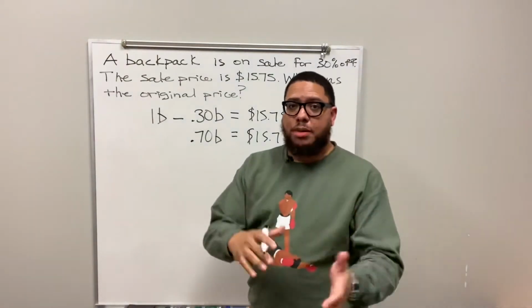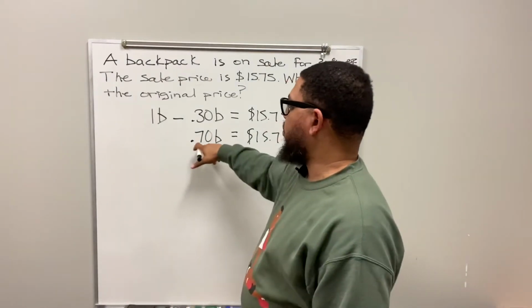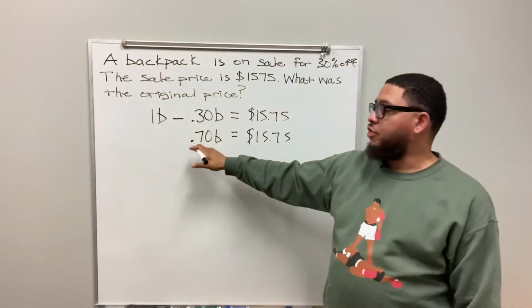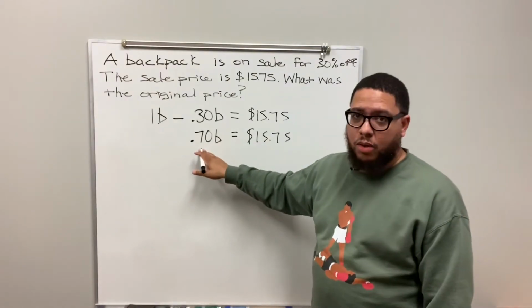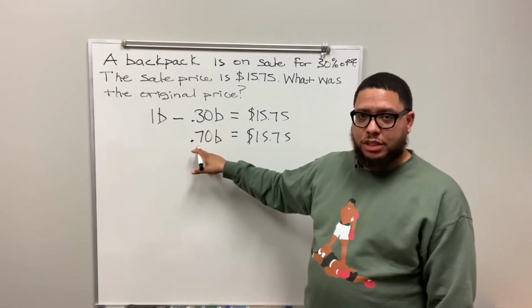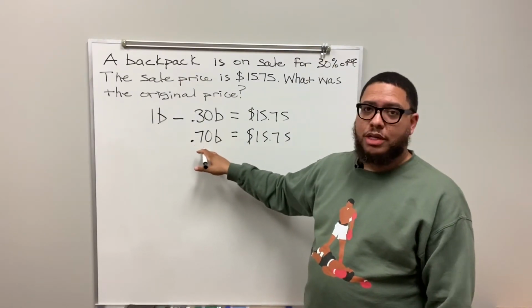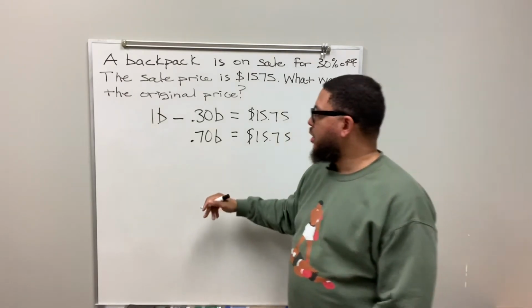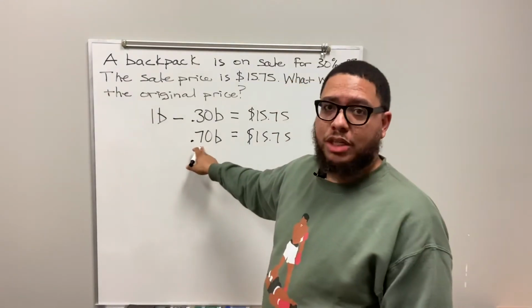Now, how do I get B by itself? I got to get rid of this 0.70. How do I get rid of it? I got to do the opposite operation from what it is involved in now. Let me say that again and say it slower. I got to do the opposite operation from what this 0.70 is involved in right now. So this is involved in multiplication, right?